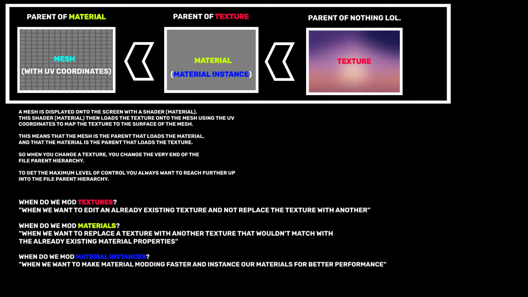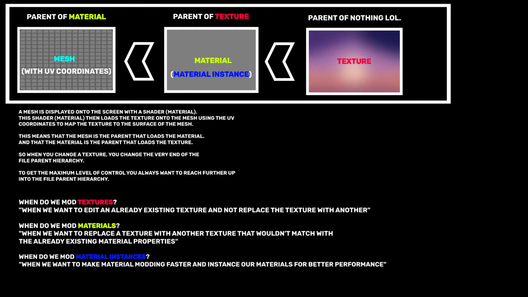And a mesh has to then have a shader so that you can see it on the screen. And that shader is a material. A shader and a material are the same thing, different words here. And a mesh is a parent of a material. So the mesh asks for the material, right?